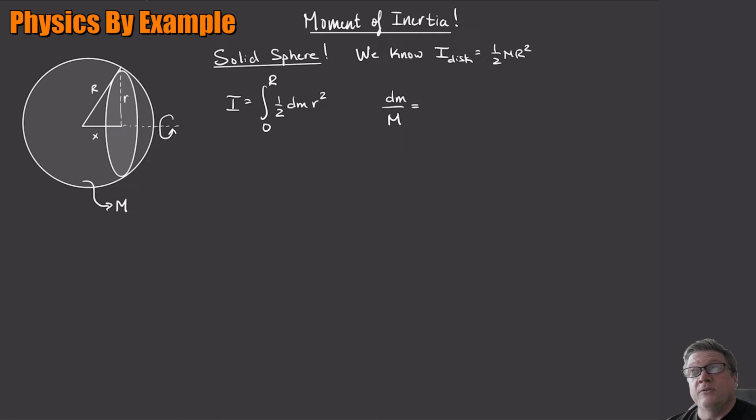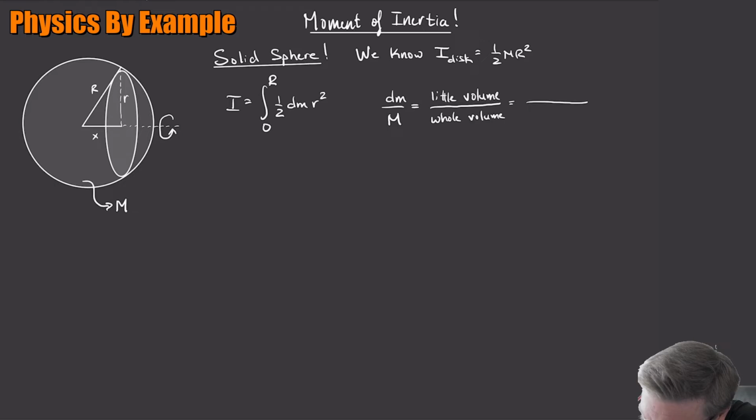If this is a uniform sphere, then this is going to be like a little bit of volume, I'll do it in words first, compared with the whole volume. Well, the whole volume is going to be easy. What's the volume of the sphere? 4/3 pi big R cubed. Okay, no problem.